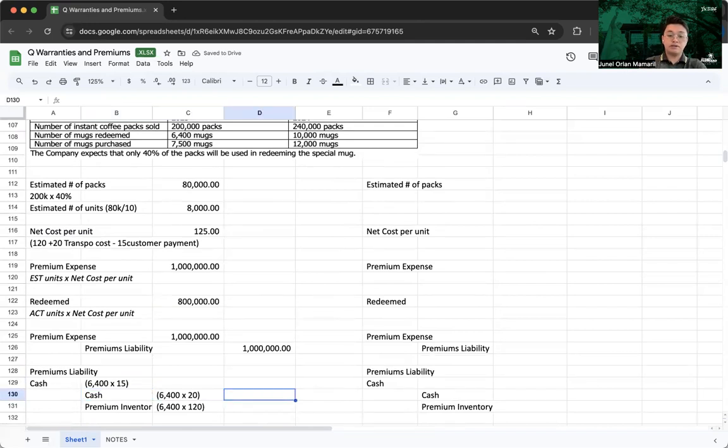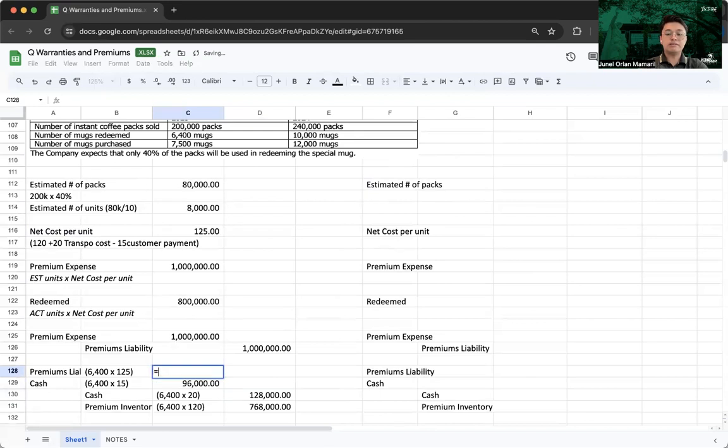Kaya yung ating net cost ay 64 times 120 plus 20 minus 15. 125. Ito rin yun. Right? So 64 times 20. 64 times 120. 64 times 15.